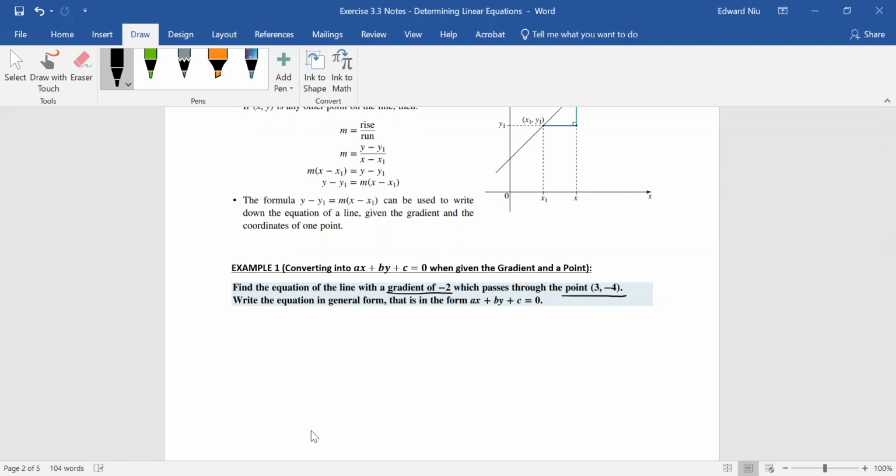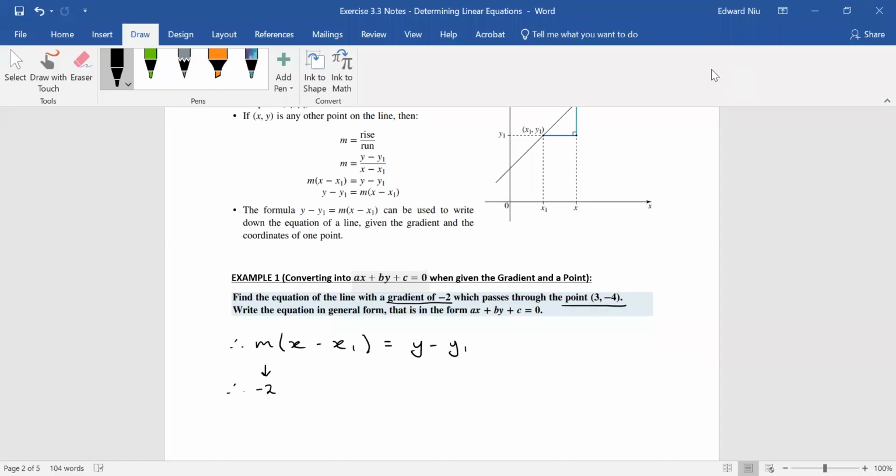If you look at our equation, m brackets x take x1 brackets equals y take y1, we have our m value of -2. Then it passes through the point 3, -4.